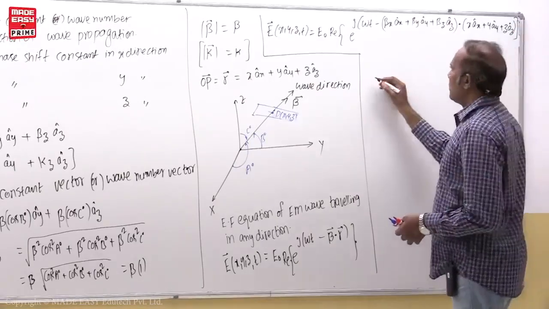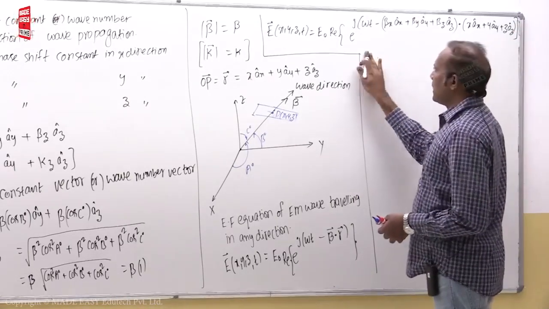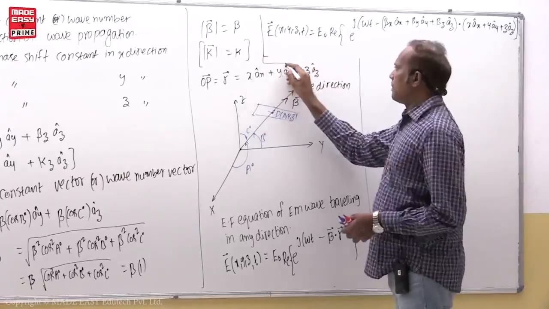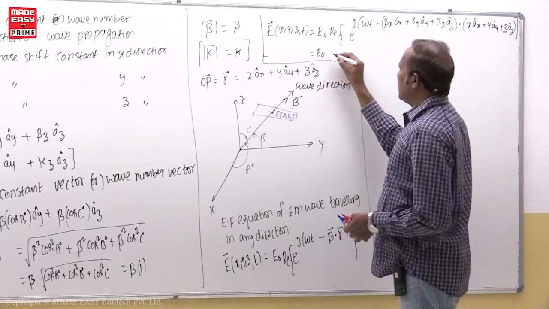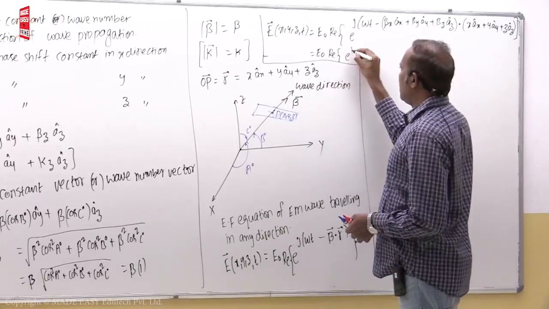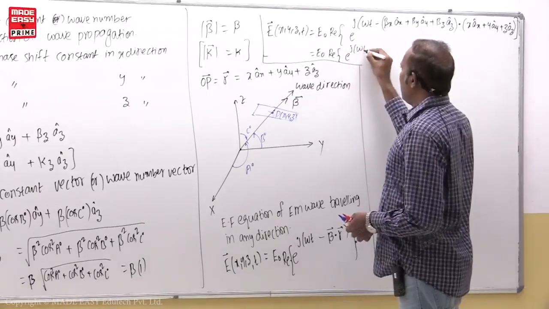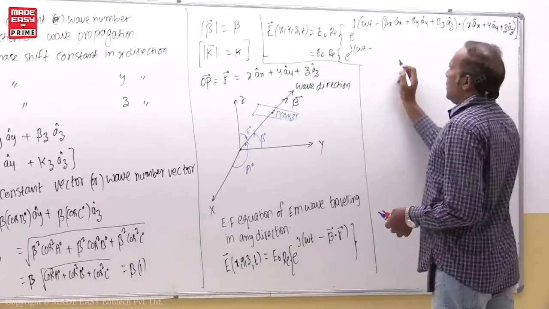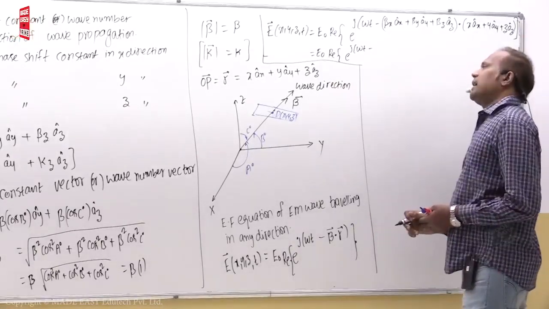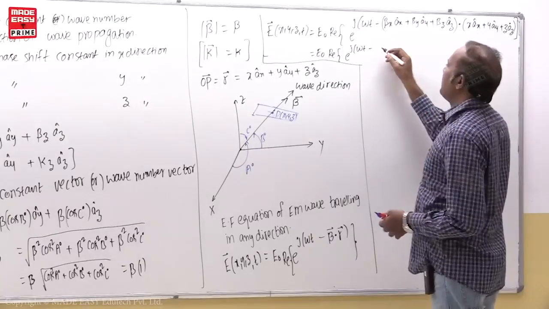Okay. Now ultimately that becomes E naught real part of e power j omega t minus, ax dot ax is 1. Beta x is what, dear students? I will write in the next step.